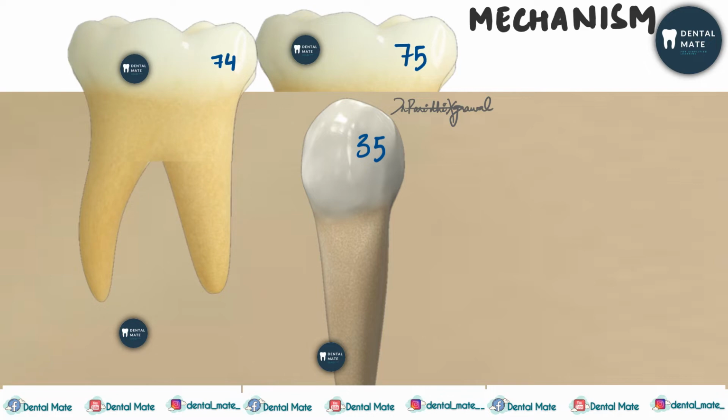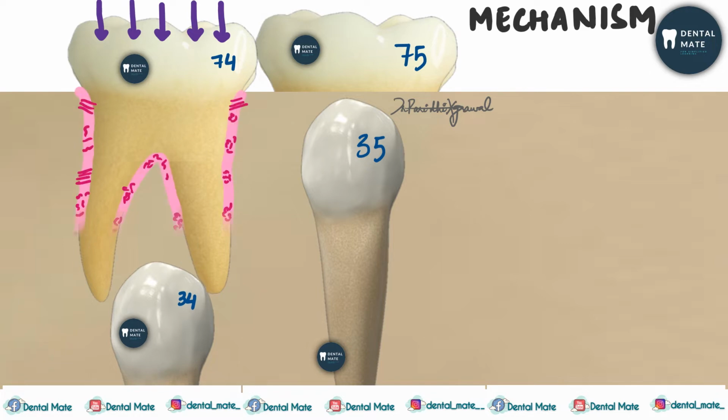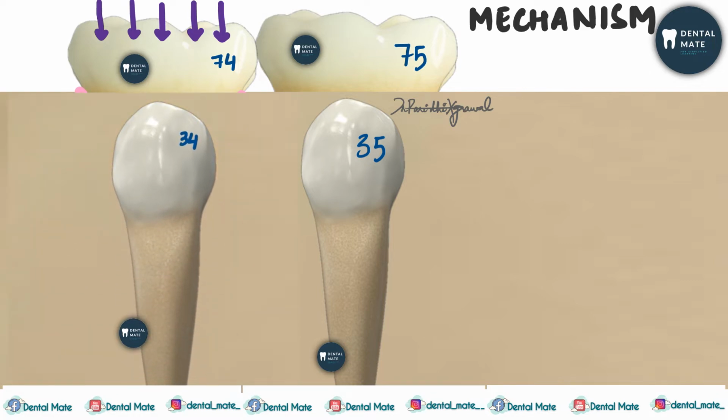Let us consider the adjacent tooth, which would be 7-4. As the individual grows, the forces of mastication increase and become greater than what the deciduous PDL can tolerate. Because of this, there is trauma to the periodontal ligament followed by destruction, initiating the resorption and ultimately shedding of the tooth.